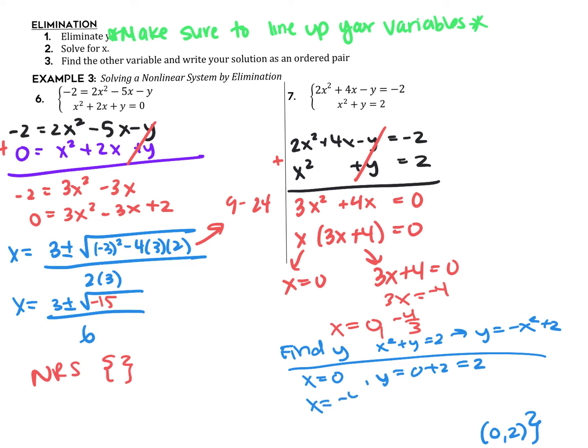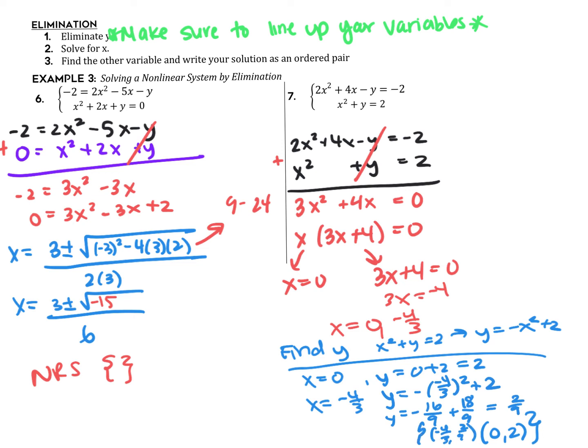If x is negative 4/3, y is going to equal the opposite of negative 4/3 squared plus 2. Now remember that negative sign comes into play afterwards, the one that's in front. So this is negative 16 over 9 plus, I'm going to convert 2 to be 18 over 9. So this is going to give me positive 2 over 9. So when x is negative 4/3, y is 2 over 9.